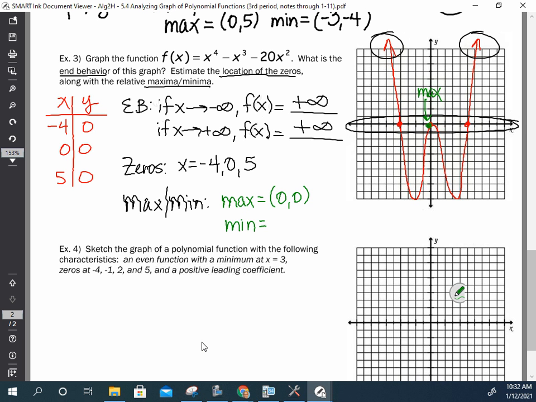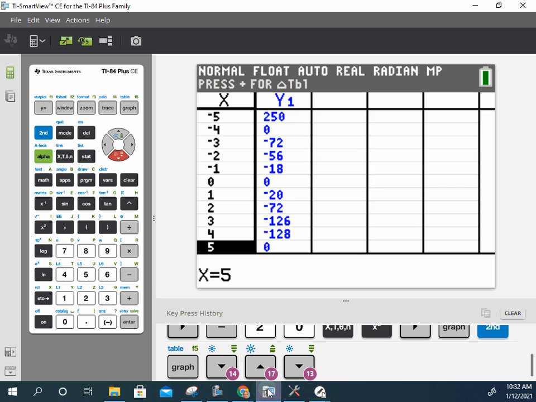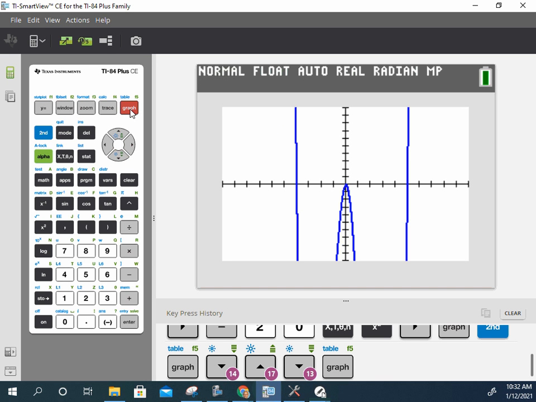So the minimum values in this case are undetermined based on the sketch of the graph. So here's why it's undetermined. The only reason these are stopped right there is because that's how much graph we had. If you look back at your graph on the calculator, this graph is going down.